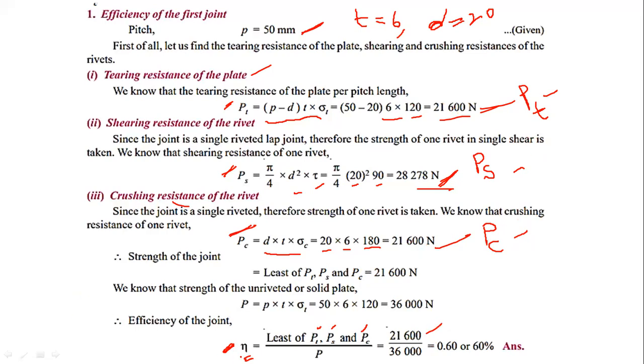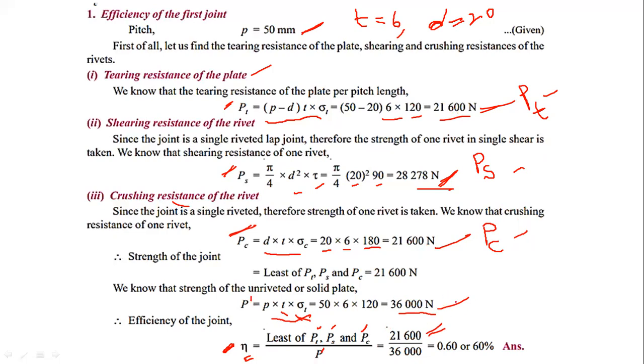For determining the efficiency of the joint, you have to consider the least value of PT, PS, PC. So this is the least value, 21,600, divided by the strength of the unriveted joint. So this is the formula for strength of the unriveted joint, that is pitch into thickness of the plate into tensile stress sigma T. You can take this as P dash.